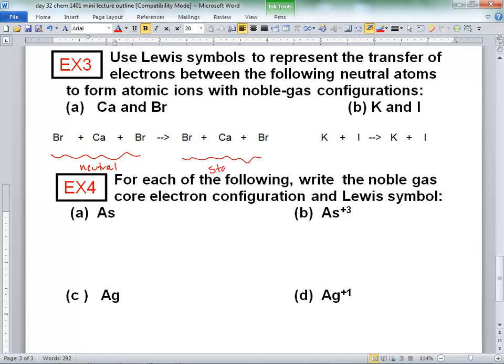Very stable ions. They're very stable because they have the noble gas core notation. They match a noble gas. So first just write the Lewis dot symbols for the reactants. And then pretty much you show how the electrons get transferred.